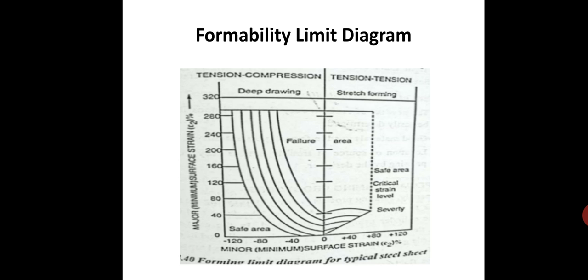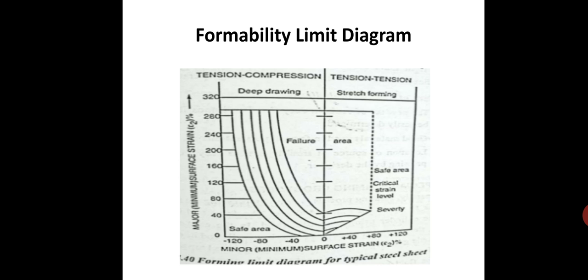In short form, FLD, formability limit diagram. In a full scale forming test, this one is important. This diagram shows the different strain conditions and their combination with load to failure.